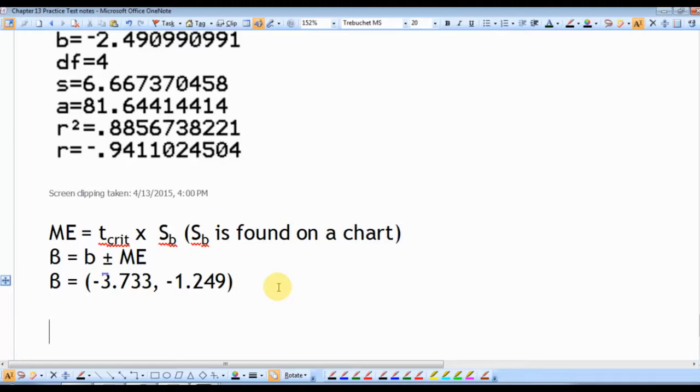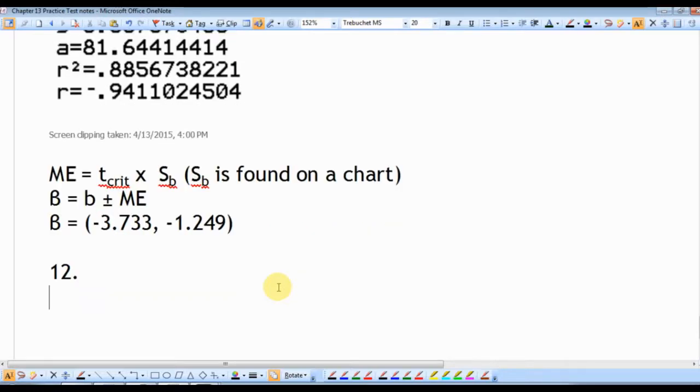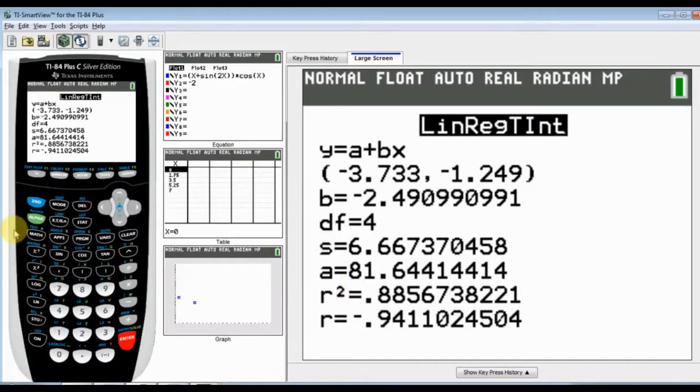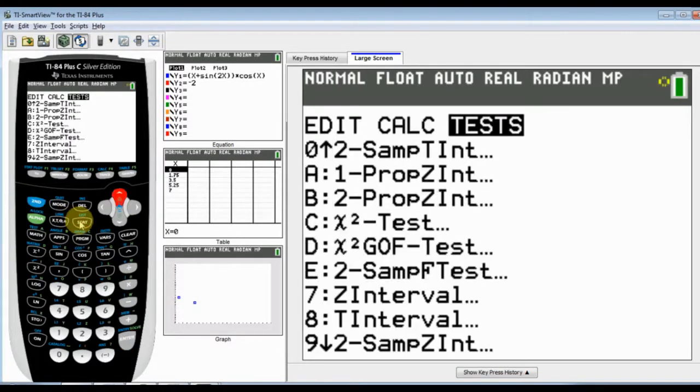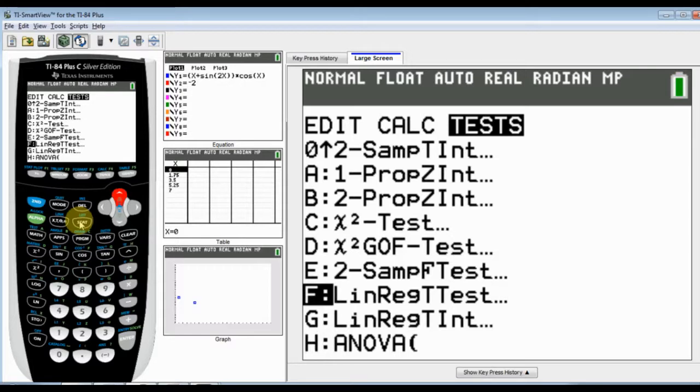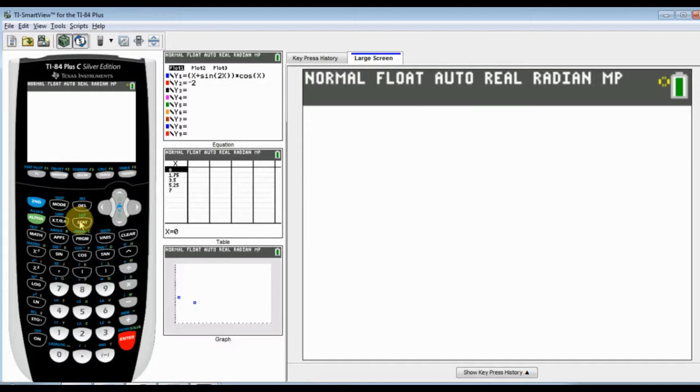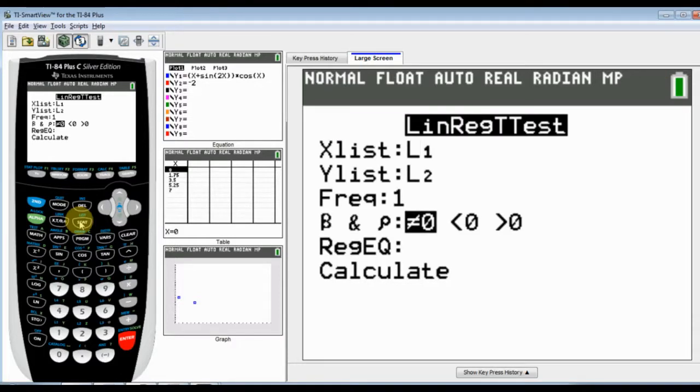Okay, let's go on to question 12. So we need to find the test statistic, degrees of freedom, and p-value for the set of hypotheses. And we can get all of those cleanly by using the t-test on the calculator. So we're going to Stat, Test, and now we're going to the linear regression t-test. Everything looks perfect the way it is here.